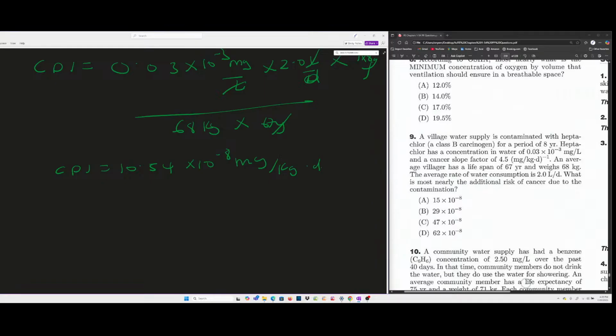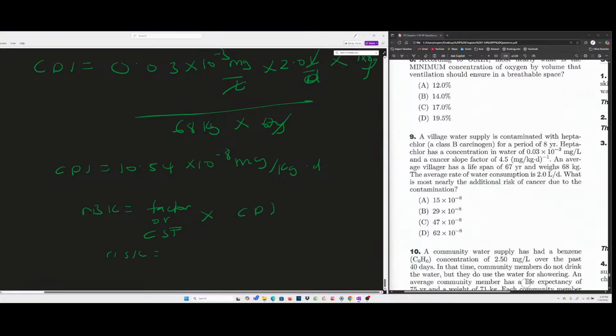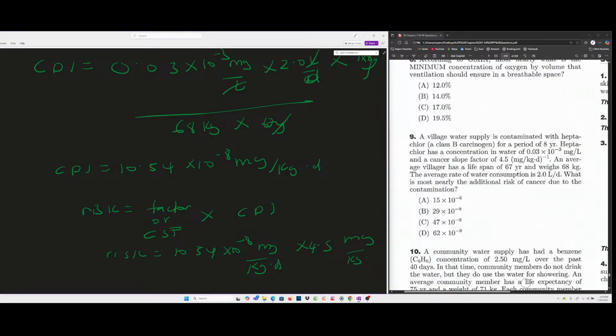Now we should find the risk for cancer. For risk, we're going to multiply the slope factor, or CSF, by the CDI. So risk is equal to 10.54 times 10 raised to the power negative 8 milligrams per kilogram per day multiplied by 4.5 milligrams per kilogram per day.